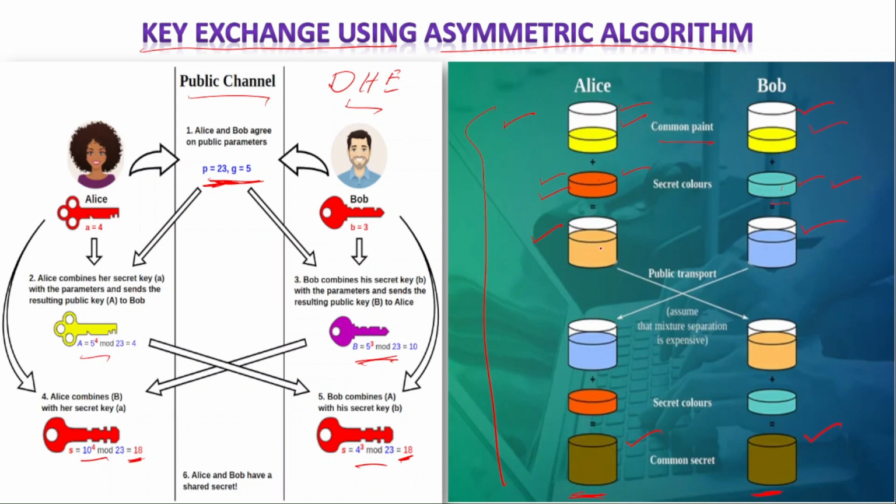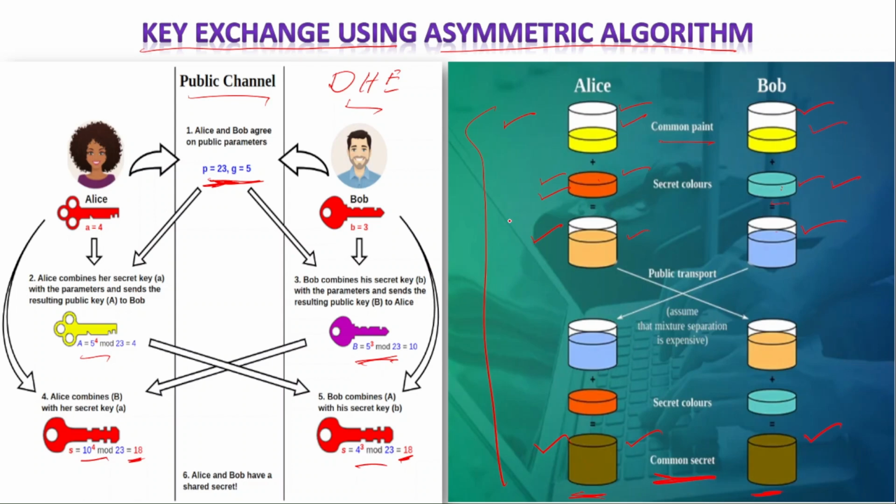And through mathematics, they receive something else, and again they exchange this mathematical result, and once again they combine their secrets with the result of their respective partner, and resultantly they get the common secret key.